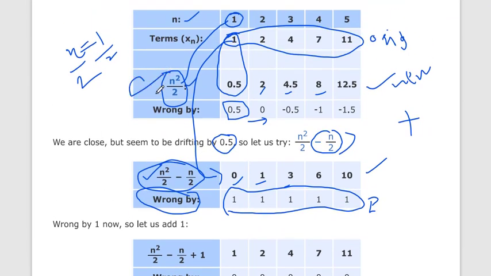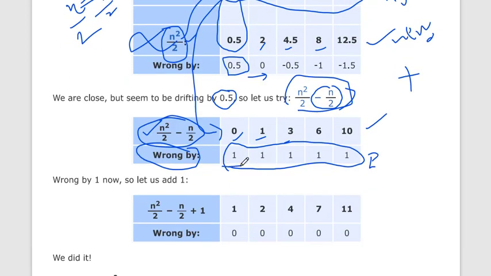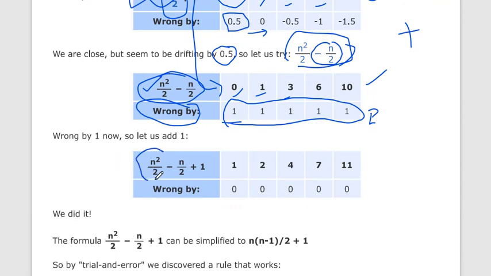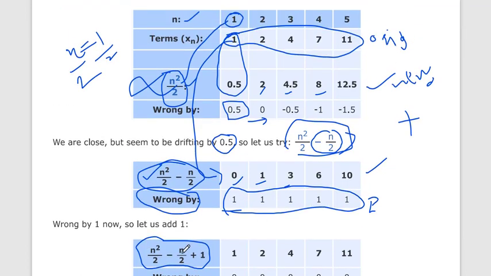Now this is our old sequence, n square by 2 minus n by 2, and the difference is always 1, so we have to add this. Let's check if it is true or not: n square by 2 minus n by 2 plus 1.